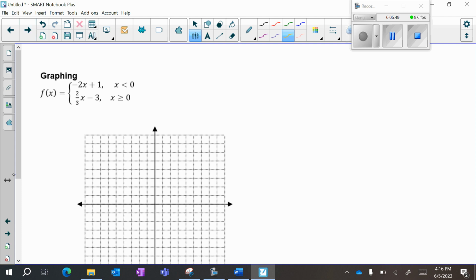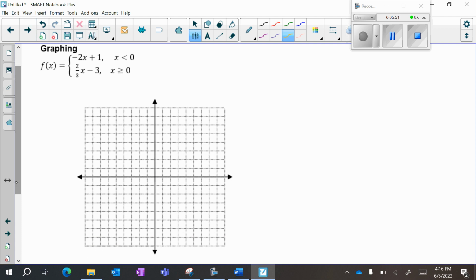Lastly, let's take a look at how to graph. So when we are graphing, I'm going to graph each piece separately. My first piece is negative 2x plus 1, where x is less than 0. So I'm going to make a table for myself if I was using a calculator, but we're going to do it without a calculator as well. So x is less than 0.